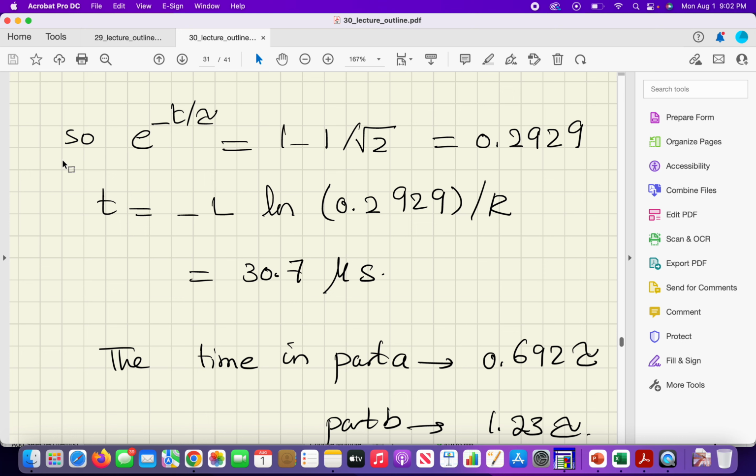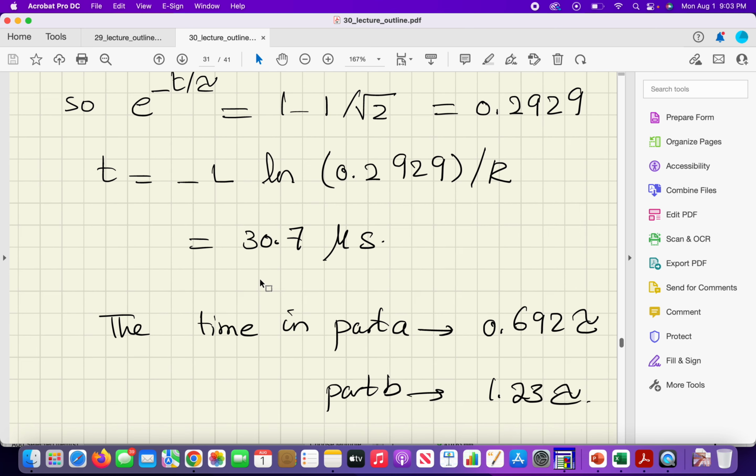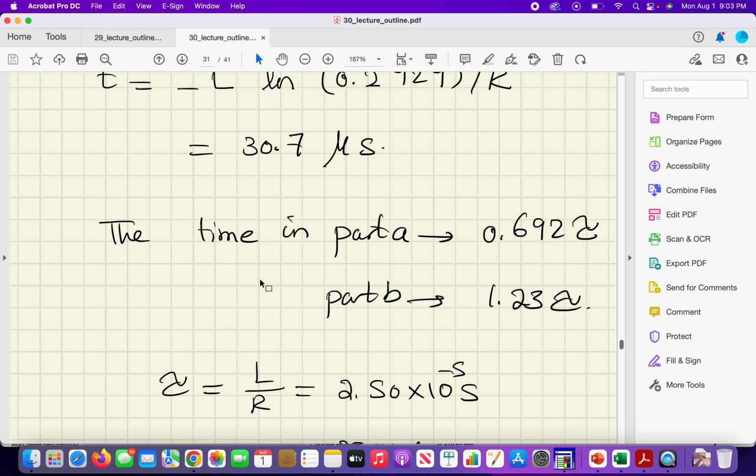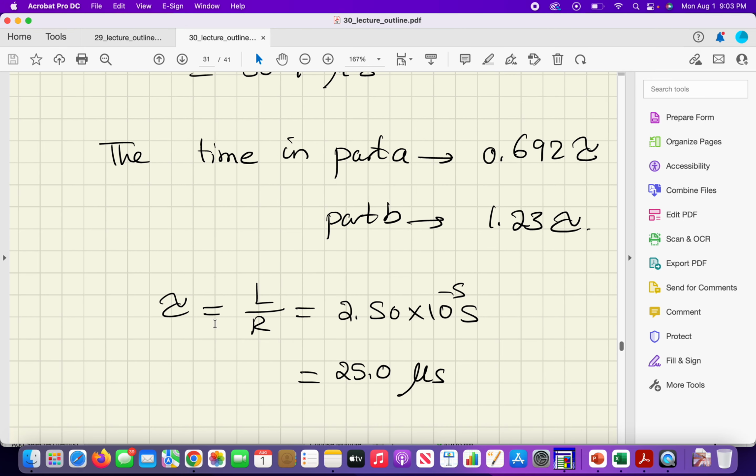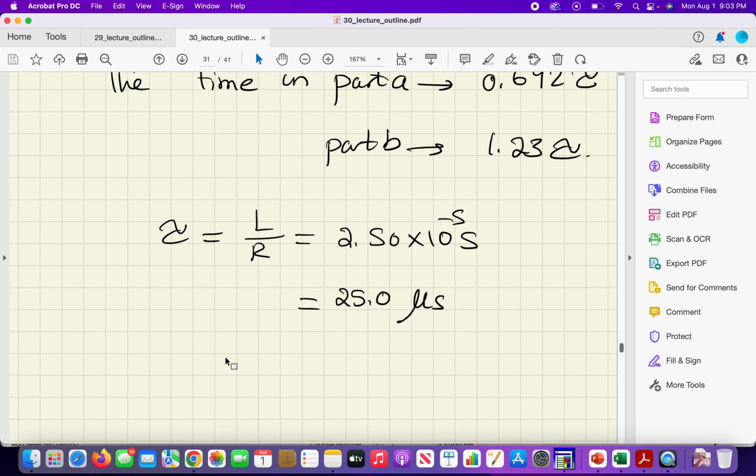The time in part A is 0.92 tau, and for part B it is 1.23 tau. That is a verification that we are doing the correct thing, because our tau, L over R, is 2.5 times 10 to the negative 5 seconds, which is 25 microseconds.